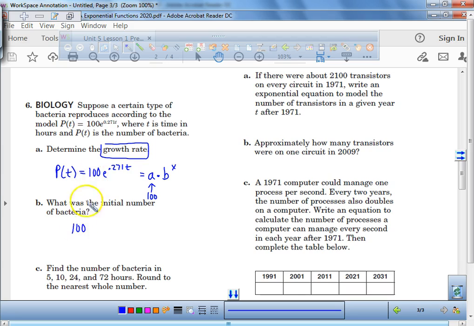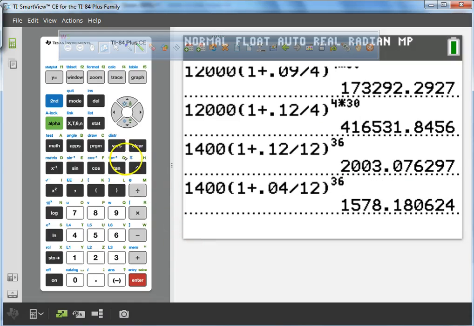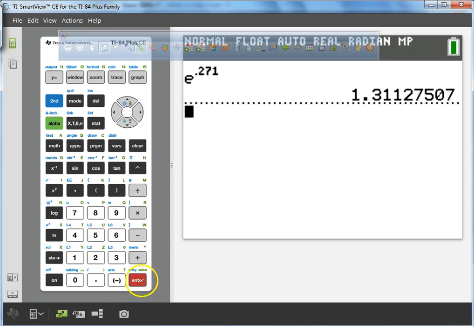So that's this answer. What's the initial number of bacteria? That's 100, okay? But this is what they don't give us. They actually don't give us the growth rate. They don't give us the B value. They say the B value is actually equal to e to the power of 0.271. So what you're going to have to do in your graphing calculator is find the e. You have to hit the second button and use the division button, okay? And you actually have to raise that to 0.271 to find what's called the growth rate.